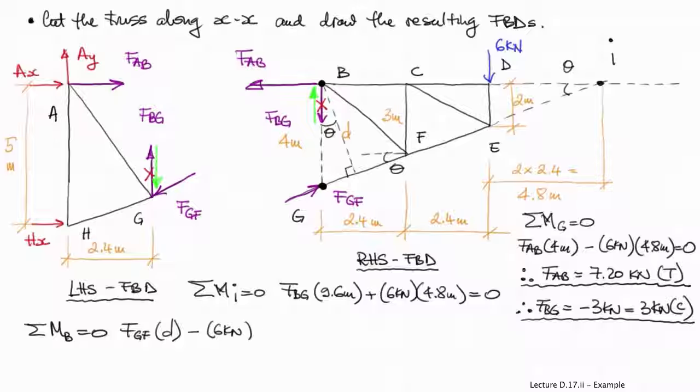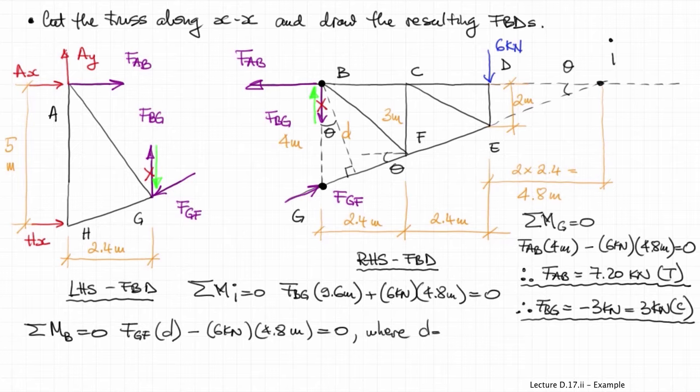You can recognize angle theta at I and at F, and then angle theta at B by BG and distance D being perpendicular to BC and FG respectively. So therefore D will be equal to BG cos theta.